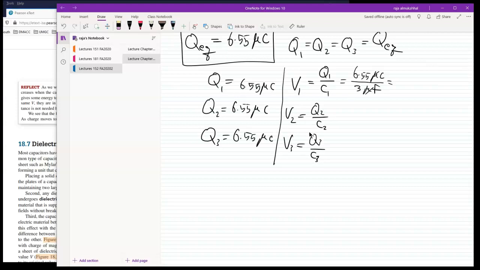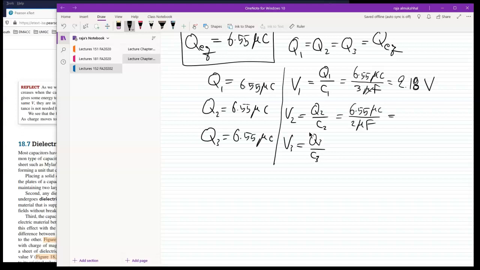So I use my calculator, divided by 3, answer roughly 2.18 volt. And for this one is 6.55 microcoulomb divided by 2 microfarad, so that will be equal to 6.55 divided by 2, the micros cancel out.